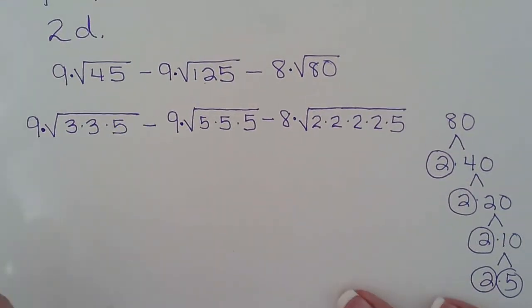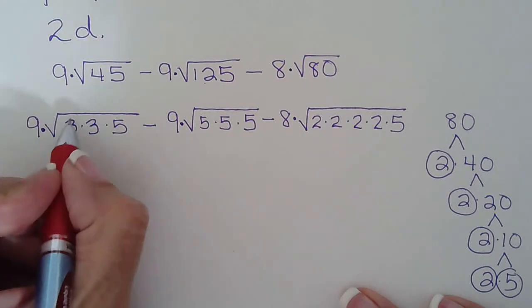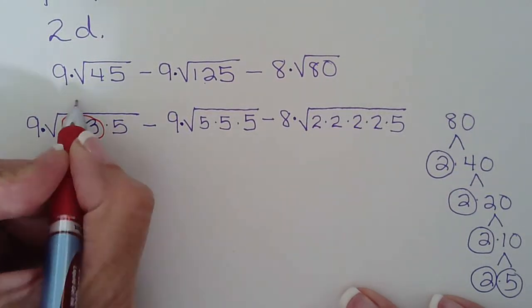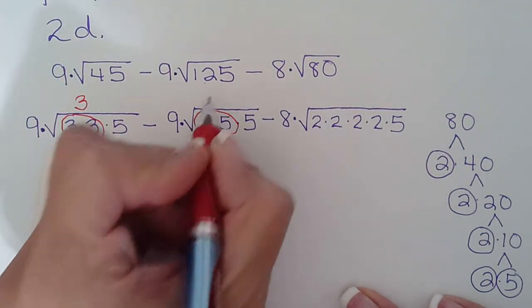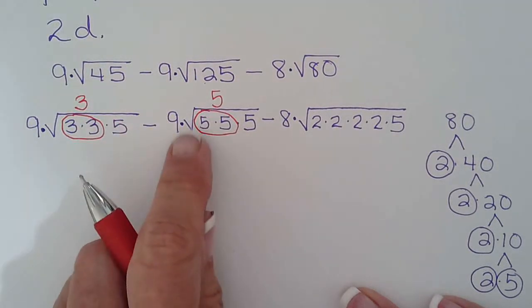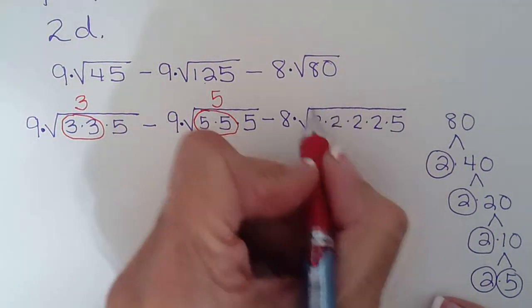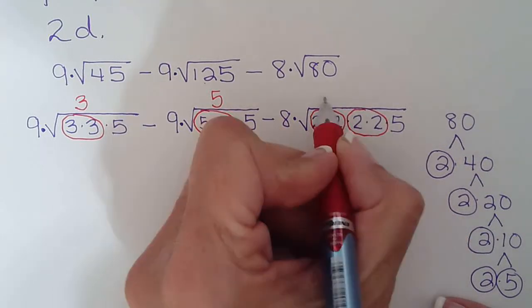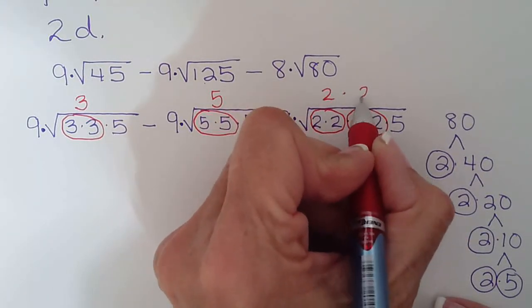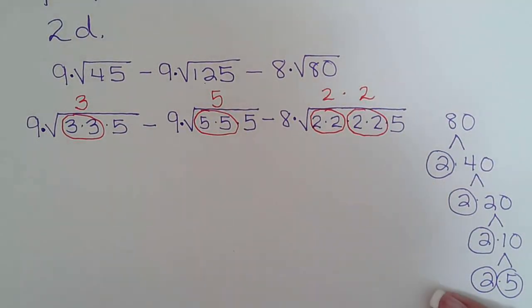So this is going to come out as a 3. This one's going to come out, these two, as a 5. And again, I'm circling pairs, remember, because the index is 2. Here we have 2 things coming out, 2 pairs. So that's going to be 2 times 2. Each one comes out as a single. So let's write our next step.